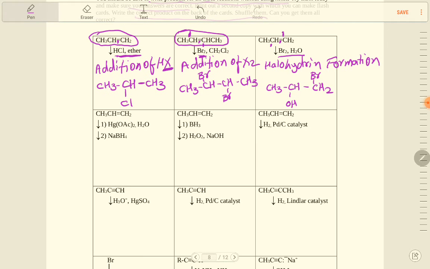All right, let's see. We have CH3, CH, double bond CH2. In this case, we have oxymercuration, water addition and oxymercuration.